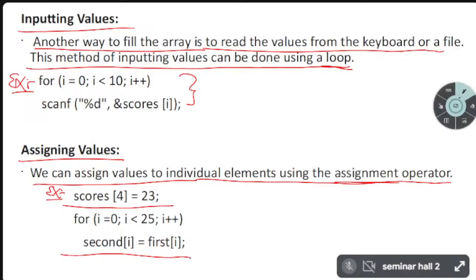Value 23 is assigned to scores of 4. Only the particular element, the specific element. Out of many elements of an array, we can assign a particular value for a particular location, not all.